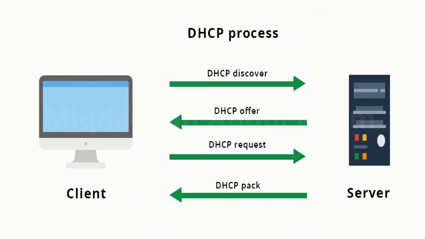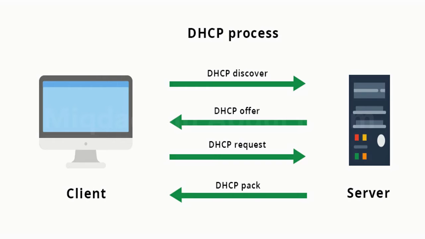Now we will discuss the DHCP process. The process indicates how the DHCP server communicates with the client system. When a client is requesting data, first it sends a DHCP discover request to the DHCP server.